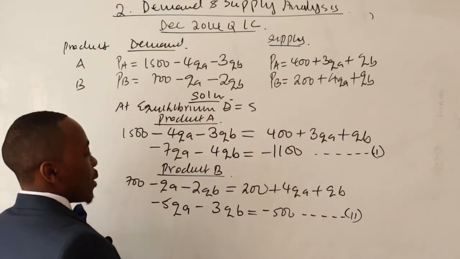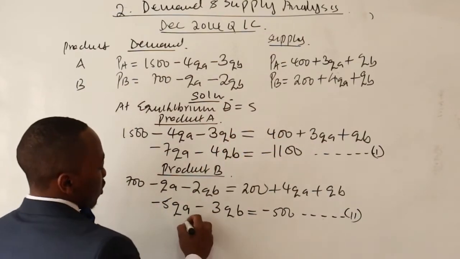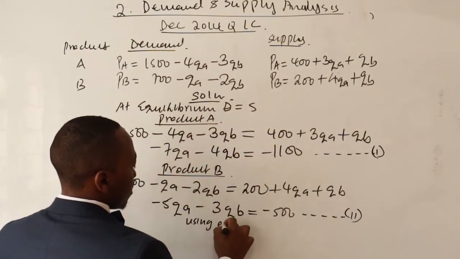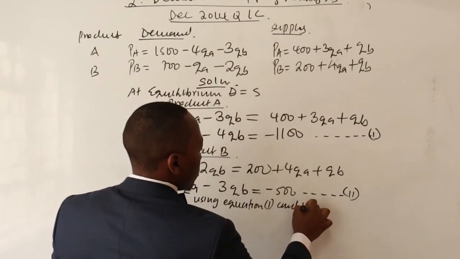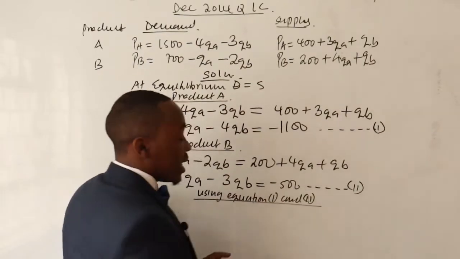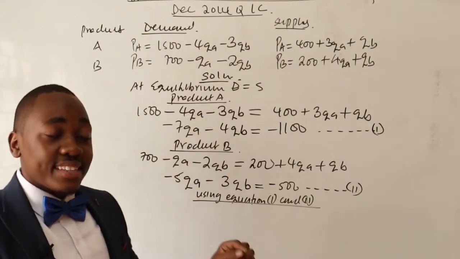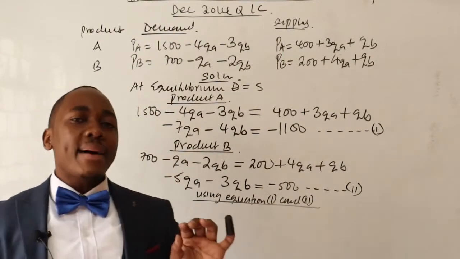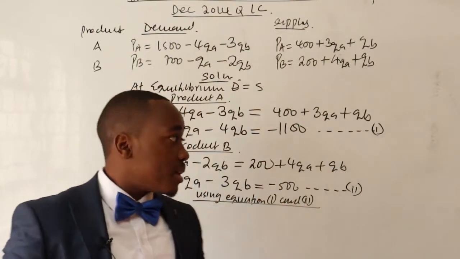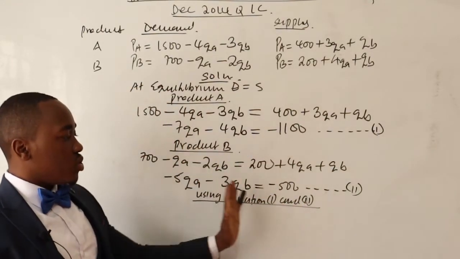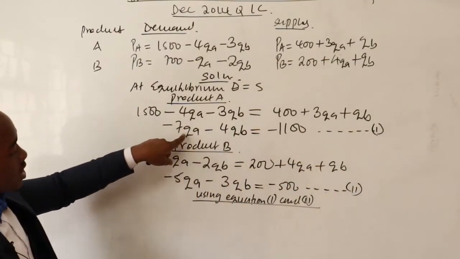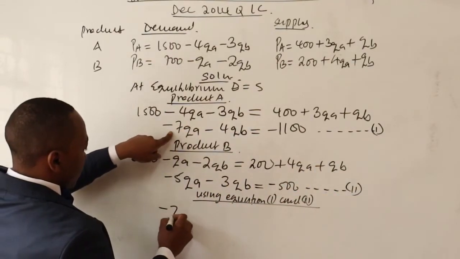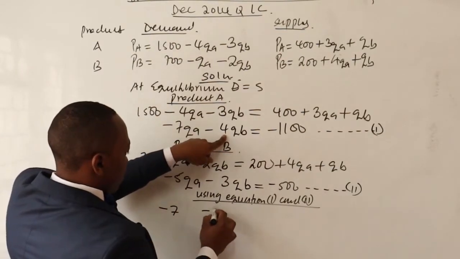So now you already have equation 1 and equation 2. Using equation 1 and 2, the examiner is specific: using matrix algebra. How do you use matrix algebra? We just take the coefficients. For equation 1, the coefficient of QA is negative 7 and of QB negative 4.